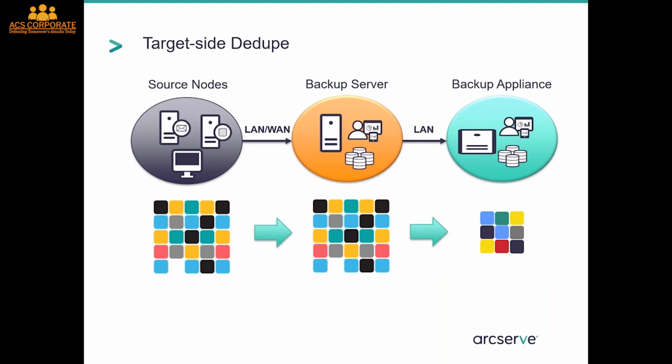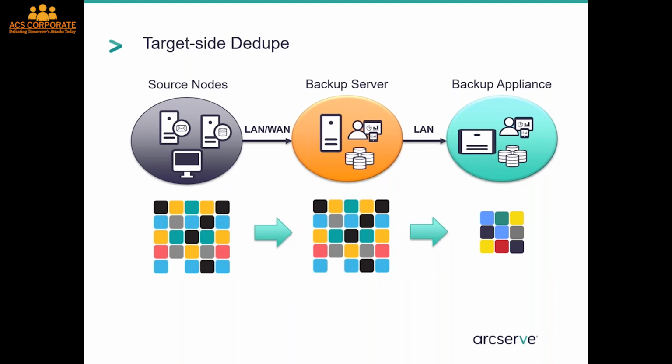Now, the problem with backup appliances is you only get the benefit of the dedupe at the last hop of the process, as it were. So what you're protecting is the full size of the data. If I've got 100 terabytes of data and I take a full backup, 100 terabytes of data gets sent across the network, okay? And then the backup server has to process 100 terabytes of data.